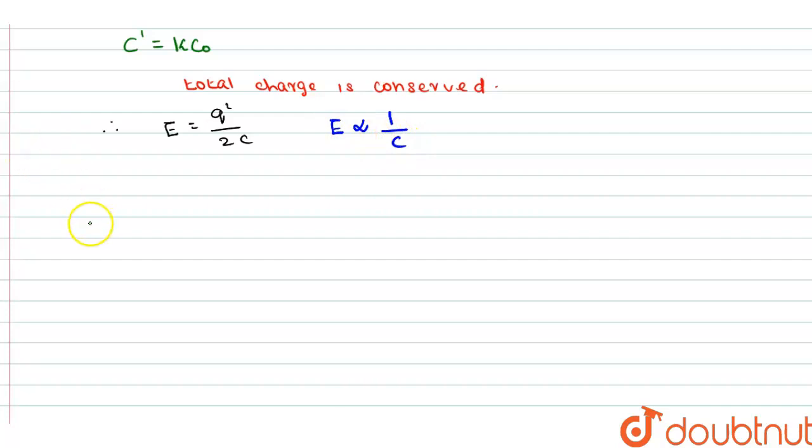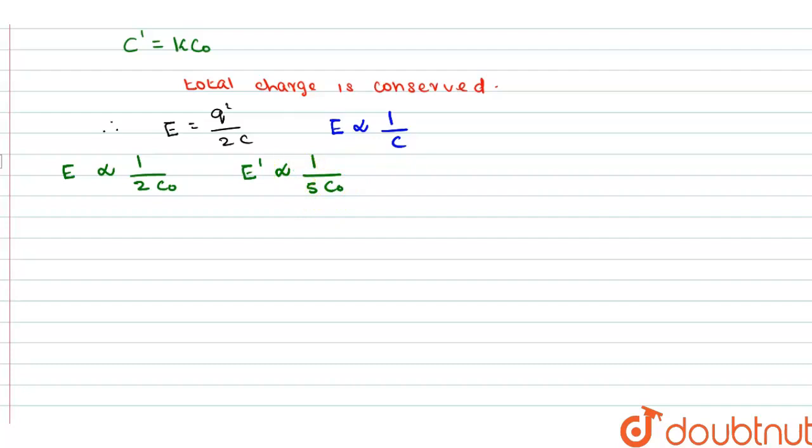Therefore, the energy of the capacitor when the dielectric of dielectric constant 2 is inserted, E2, is directly proportional to 1 by 2 C0, and similarly the energy of the capacitor filled with the dielectric constant of 5, that's called E, is directly proportional to 1 by 5 times C0.